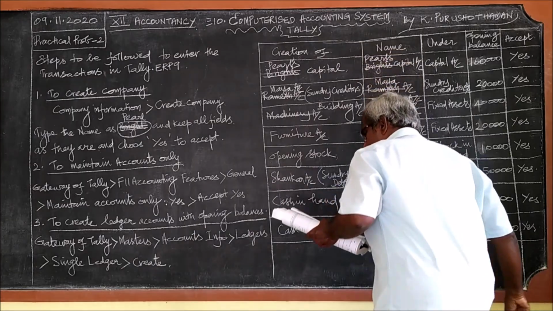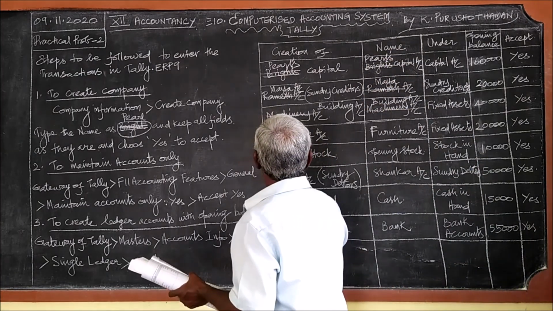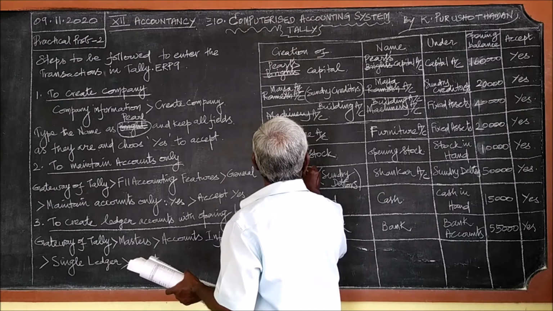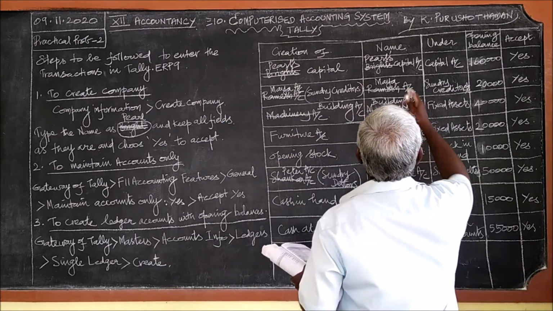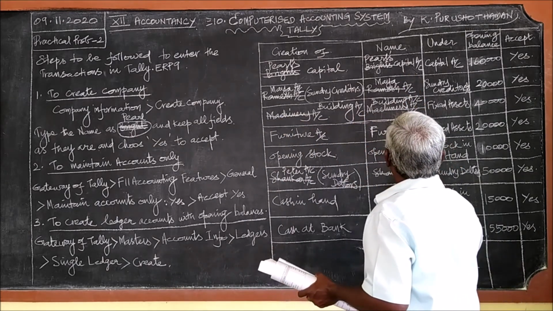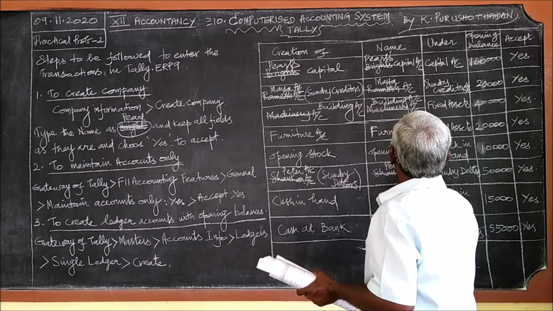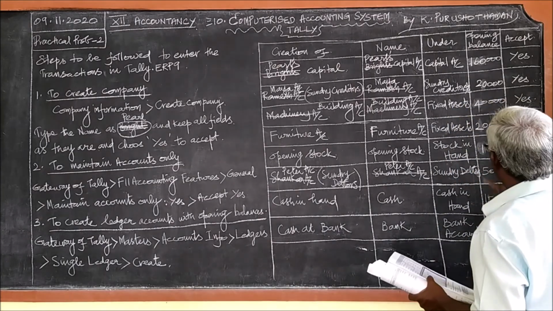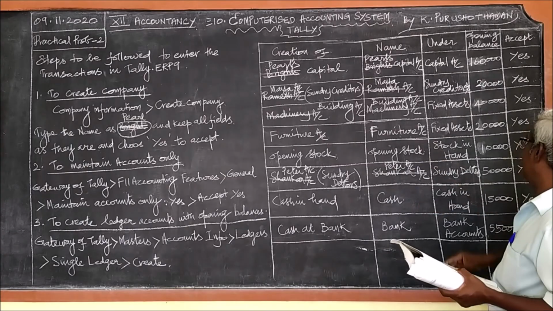Then, sundry debtor. Sundry debtor here is, instead of Shankar, you write Peter. Peter account. Under what name should it be written? It should be Peter account. Peter is a sundry debtor.